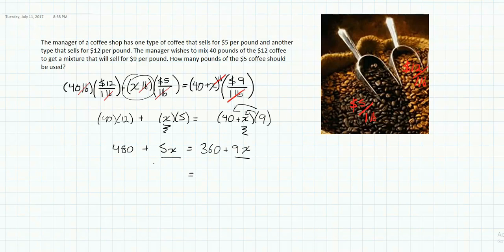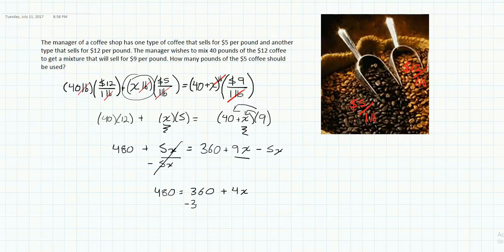So I can subtract 5x from both sides, and that'll leave me with 480. Let me give myself a little bit extra room here. This process will leave me with 480 equals 360 plus 9 minus 5, so positive 4x is left over there as those cancel out.